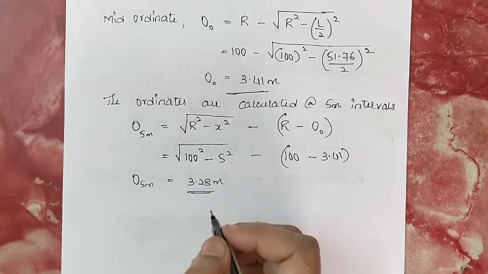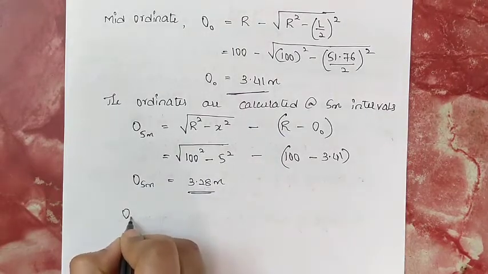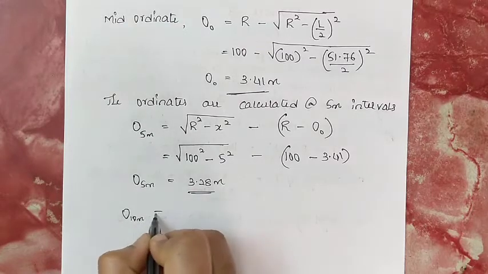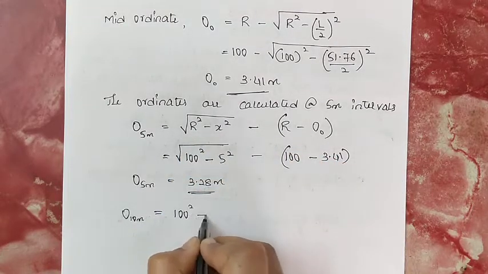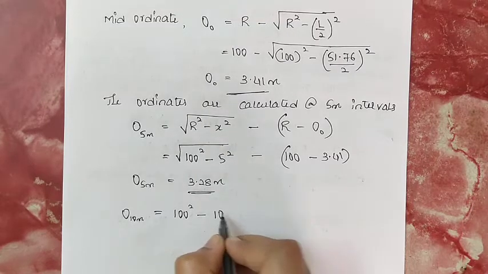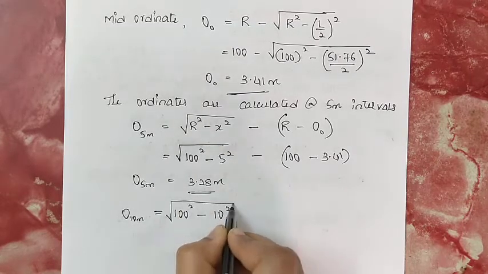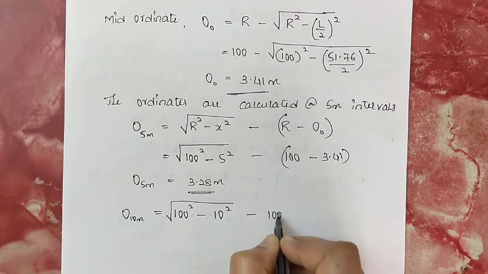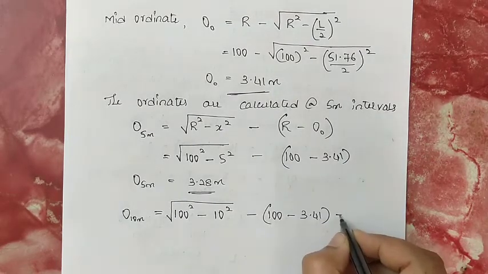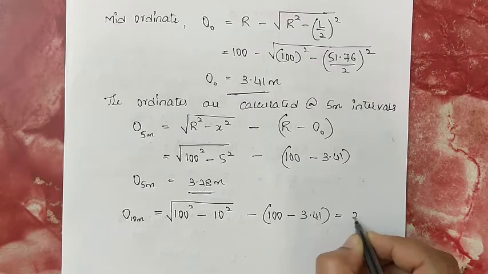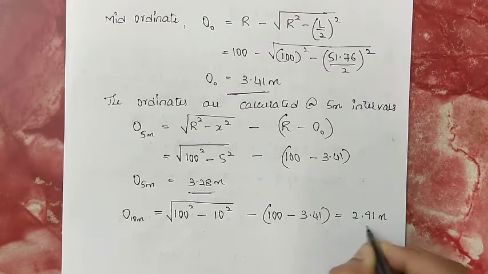Similarly, you need to calculate the ordinate at 10 meter interval. I will substitute directly in this equation: 100 square minus 10 square under square root, minus 100 minus 3.41. Upon simplification, you will get 2.91 meter.